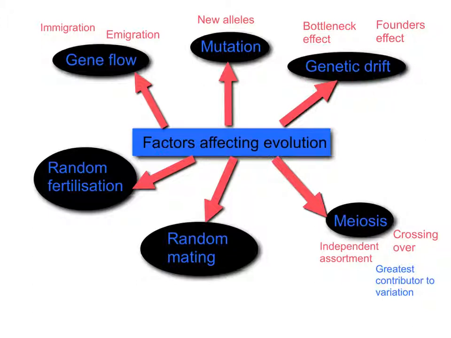So genetic drift is a random change in the allele frequency, generally in very small populations, or it's more susceptible to it in small populations, and small populations can be caused by bottleneck effect and founder's effect.